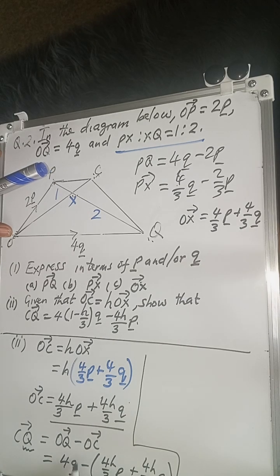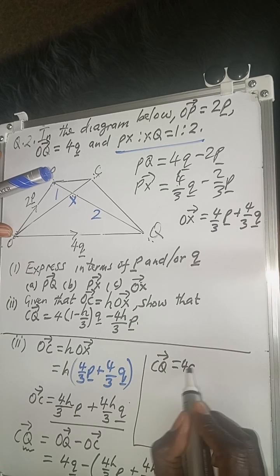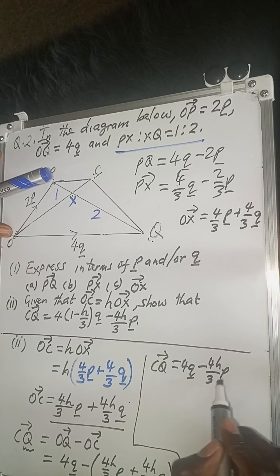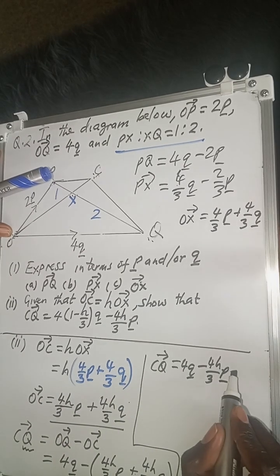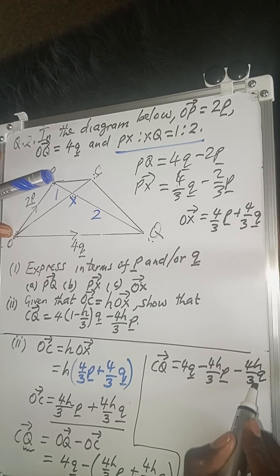Remember, don't forget this negative is like there's a 1 that should multiply by this bracket there because I was just replacing OC there. So therefore CQ is equal to 4 vector Q minus 4H over 3 vector P. Negative and positive is a negative, so it will be 4H over 3 vector Q.